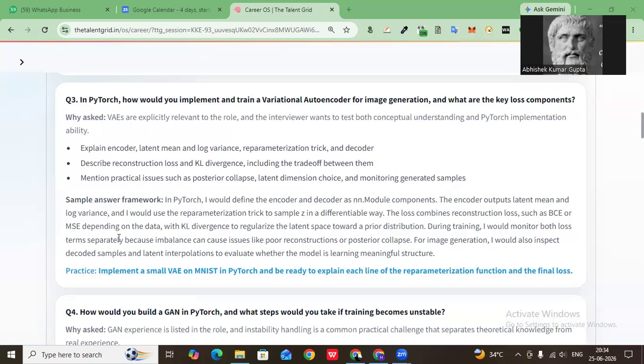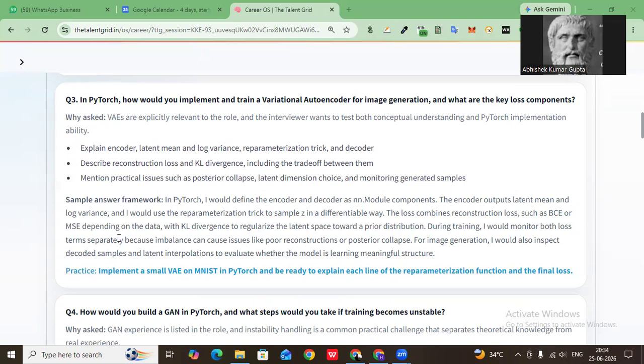Okay, so when we talk about the architecture revolving around VAE, VAE is split into two subnetworks. We could say one is the encoder, the other is the reparameterization.